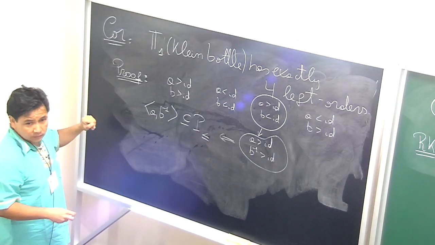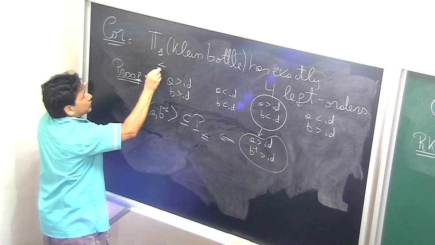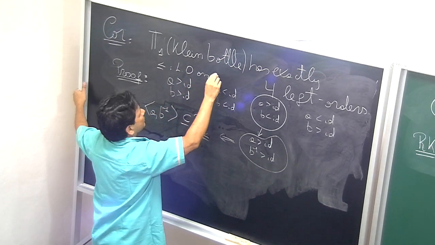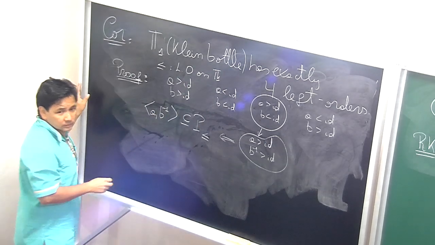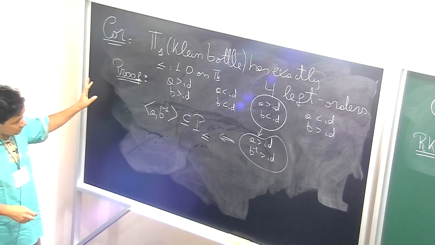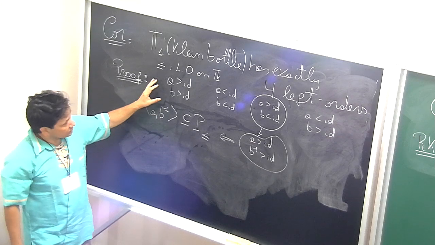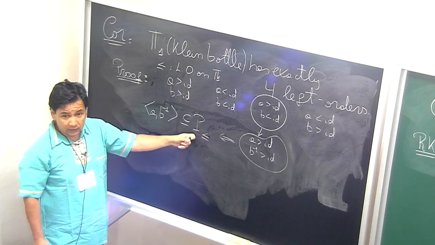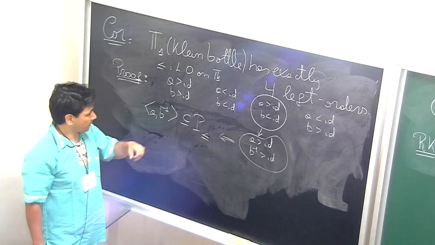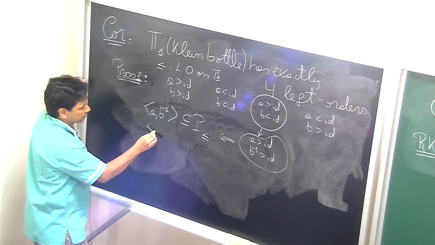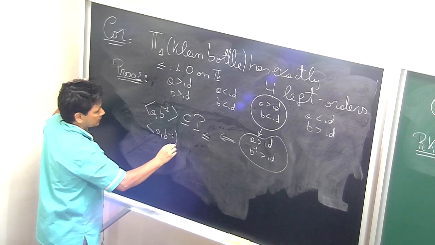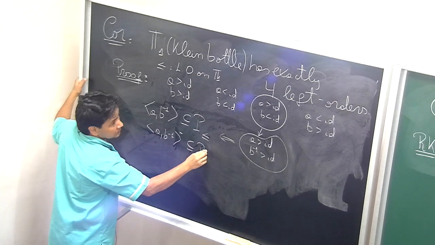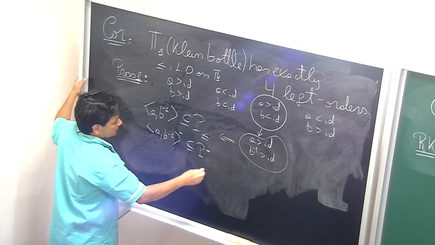If you have an order, so we start with an order on the pi 1 of the Klein bottle, in this case, this semigroup is contained in P. And of course, the semigroup of the inverses will be contained in P inverse.